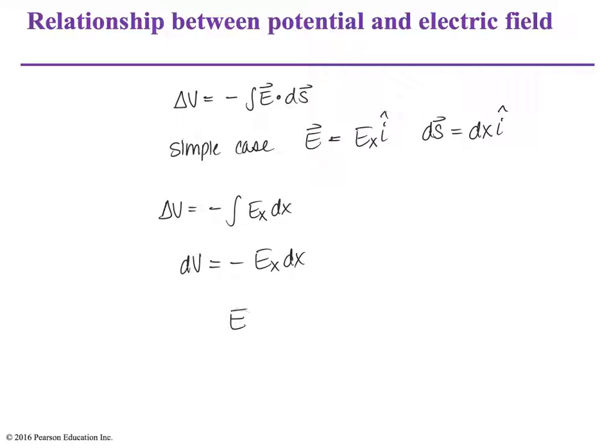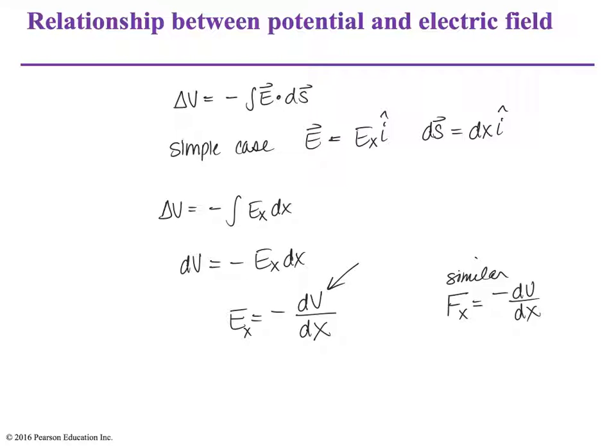And we can actually then rearrange this. If we know what the potential is, we can actually calculate the electric field by taking the derivative. I think that you saw something really similar in first semester where we were able to find the force was related to the change in the potential energy. So this is similar.